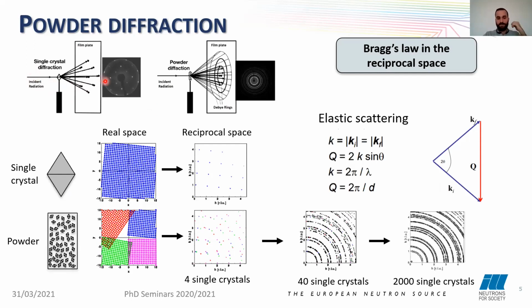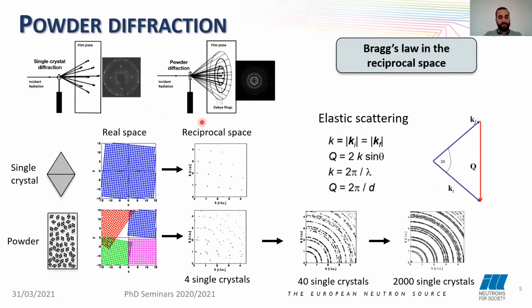Another way is using a broad range of incident wavelengths, which is known as quasi-Laue diffraction, and this was also explained by Larissa. And finally, the powder diffraction pattern can ideally be obtained in a single shot using a sample having a broad range of crystallite orientations, which is the case for powder diffraction, as I already mentioned.